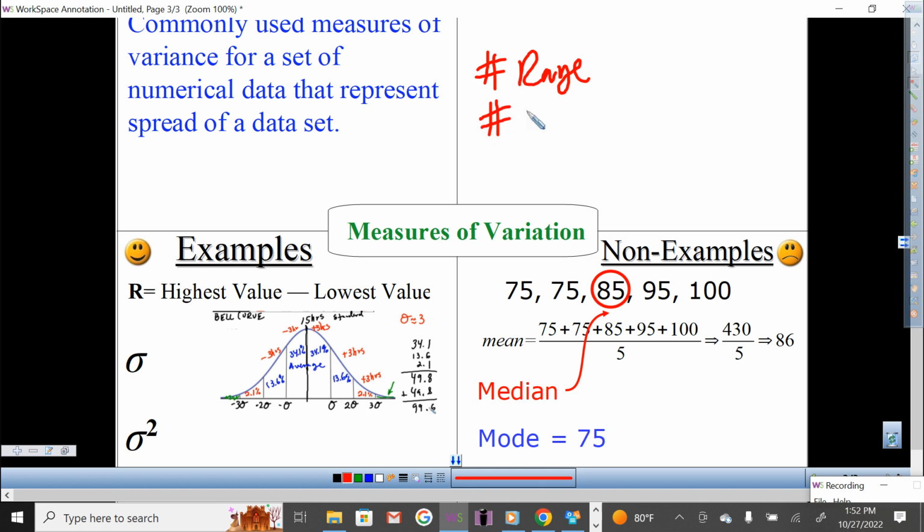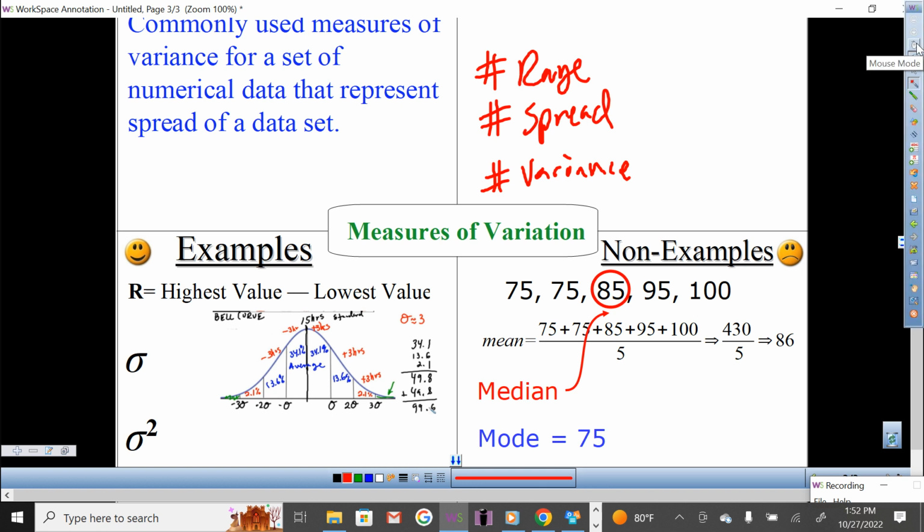Another one, hashtag what? Pass someone, JC. Jet. Bam. Spread, yes, how the data is spread from the center. Very good. Is that it? We need one more, or are we good? One more, Jet, pass someone. Variance, okay. All right.